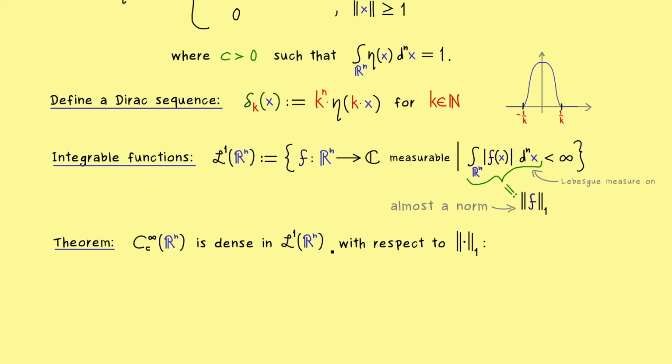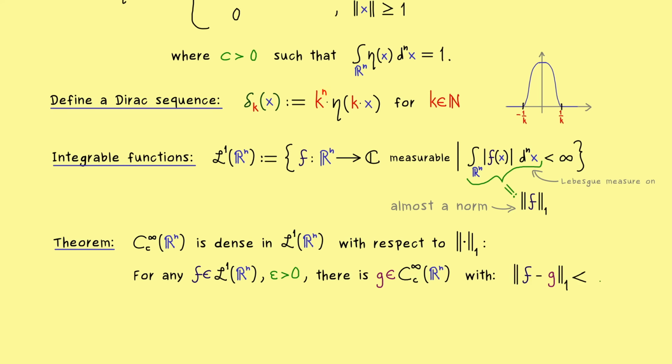In other words, we would see the two functions close to each other if the integral of the difference is small. So to make the whole thing clear, let's formulate it in a correct way. We could just say, give me any integrable function f and a small error epsilon. And then I can simply find you a test function, which we call g, that is closer to f than our given epsilon. And as already mentioned, this distance should be measured with the L1 norm.